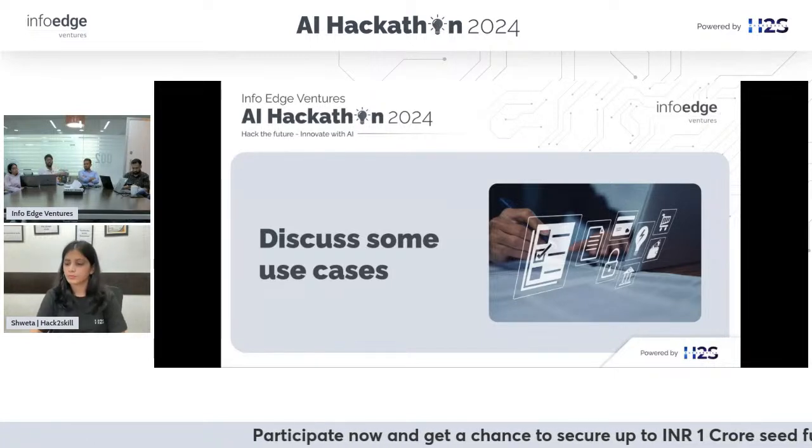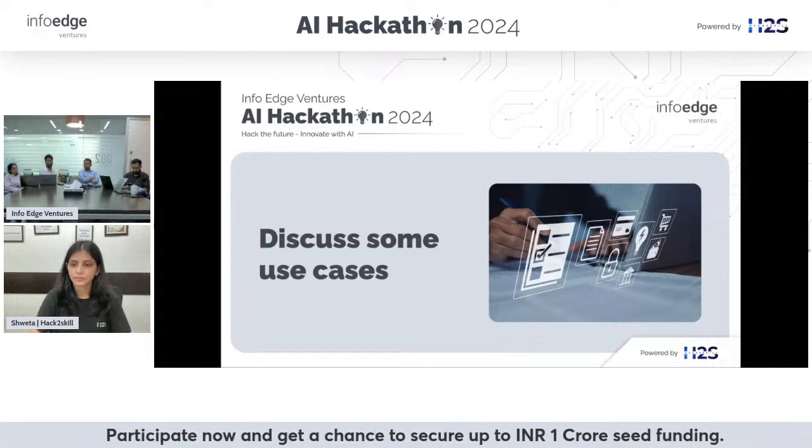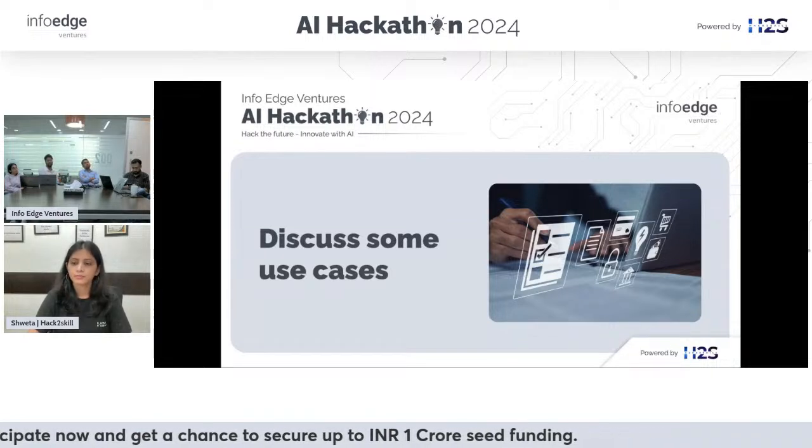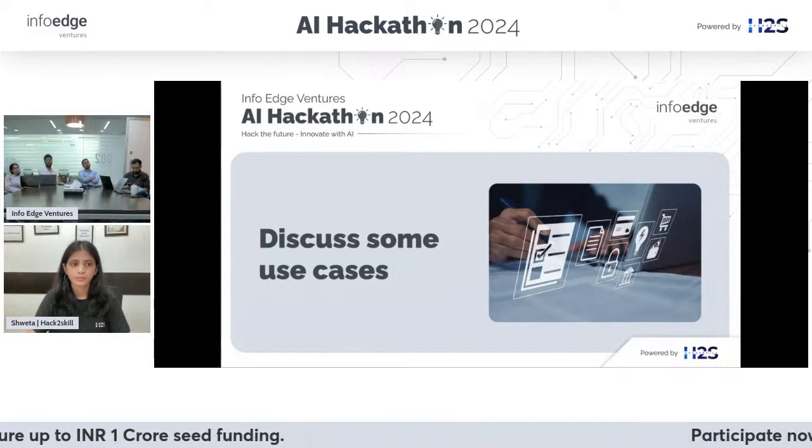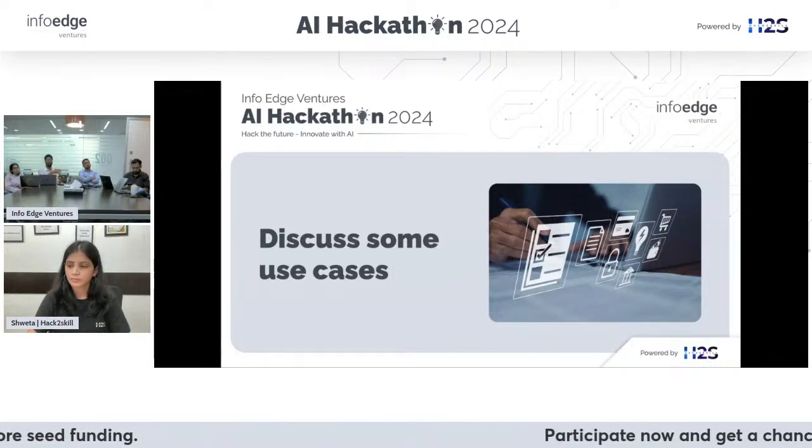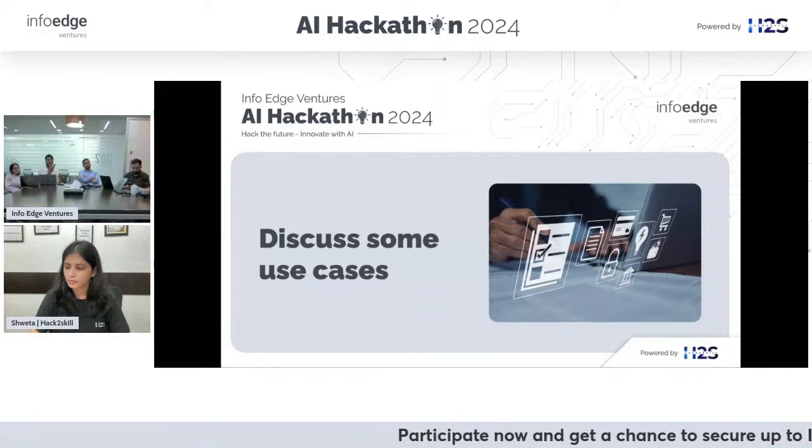Once these tools got democratized and free to use, everyone within the enterprise, within organizations, now has a much more open mind to adopting some of these technologies in their ecosystem.